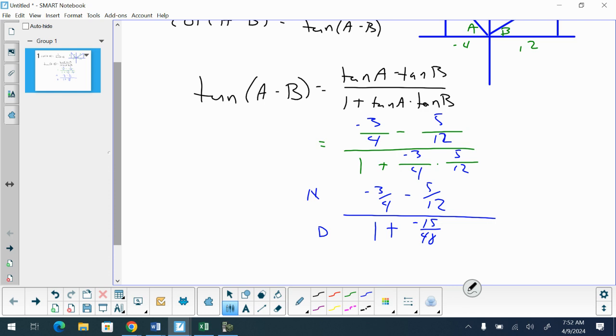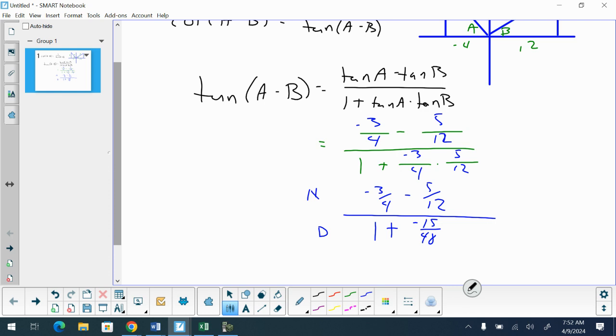Well, if we take a look at this, we have 4, 12, and 48. We want to find a common denominator between 4, 12, and 48.